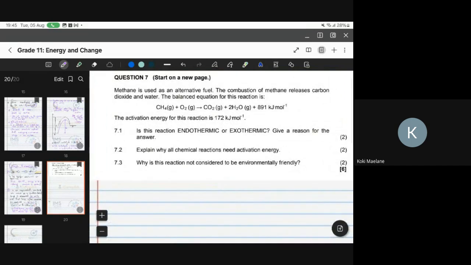So in this typical example, you are given methane, and it's combusting to release carbon dioxide and water. So they give you the balanced equation as well.